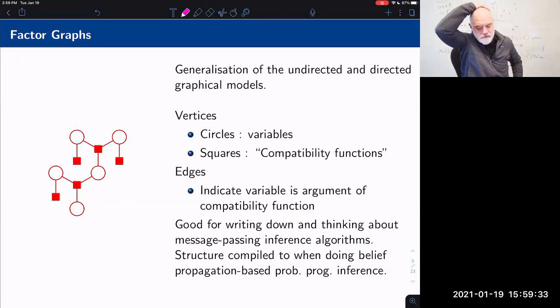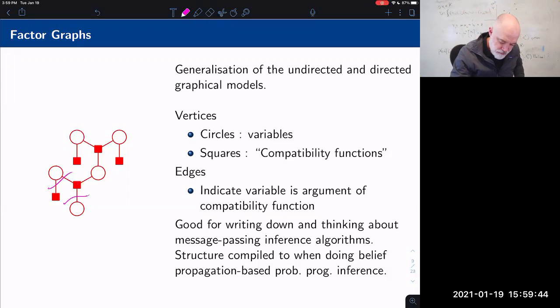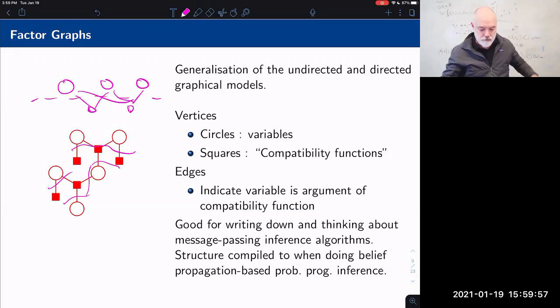Yeah, so factor graphs are a generalization of undirected and directed graphical models. Vertices are in two sets. It is a bipartite graph, meaning you can separate out the circles from the squares, and you can always write a factor graph in this form where there are two parts to the graph and you can cut the graph in half to separate the circles and squares.